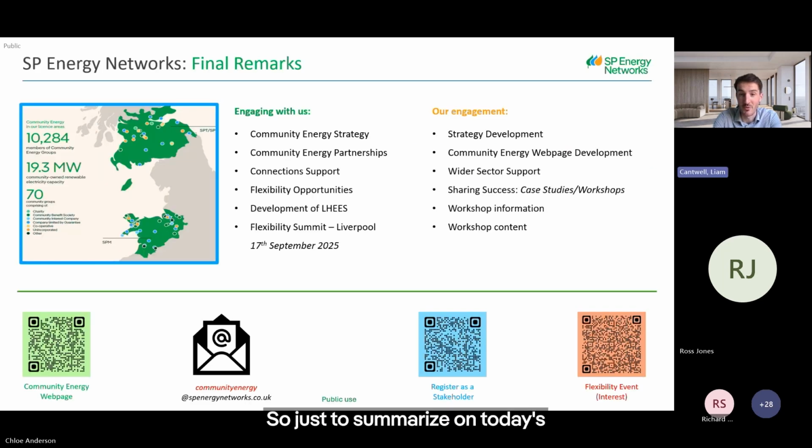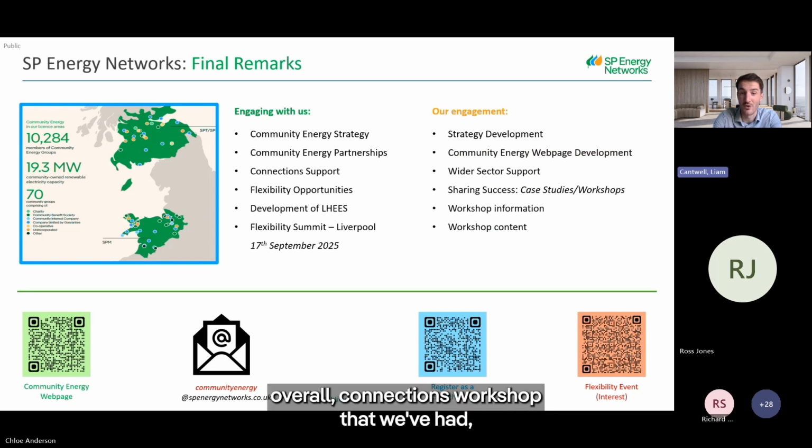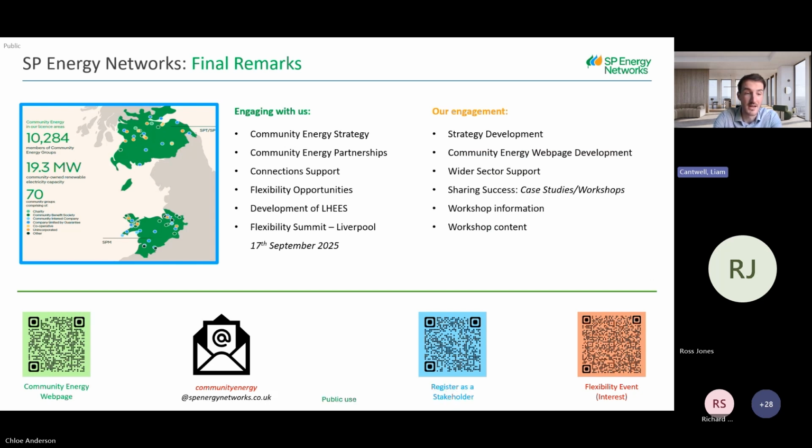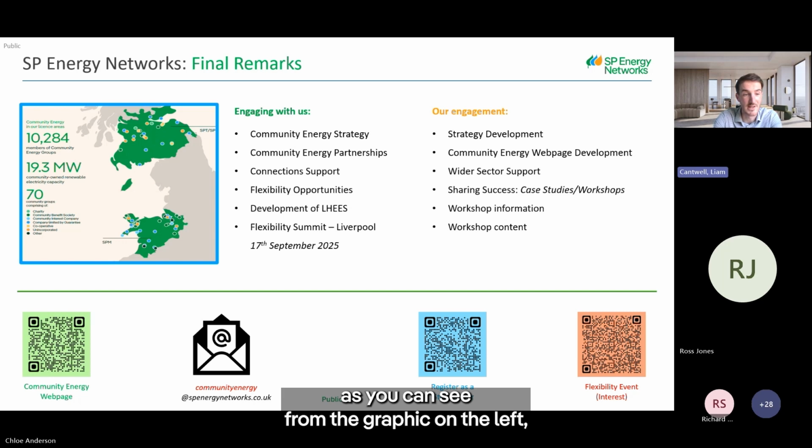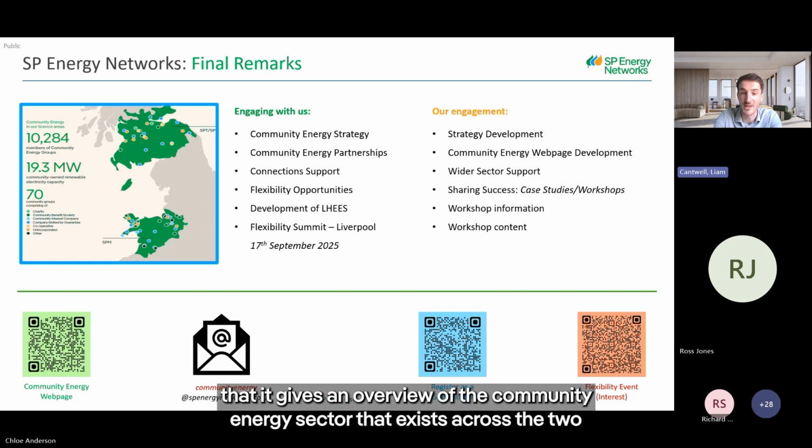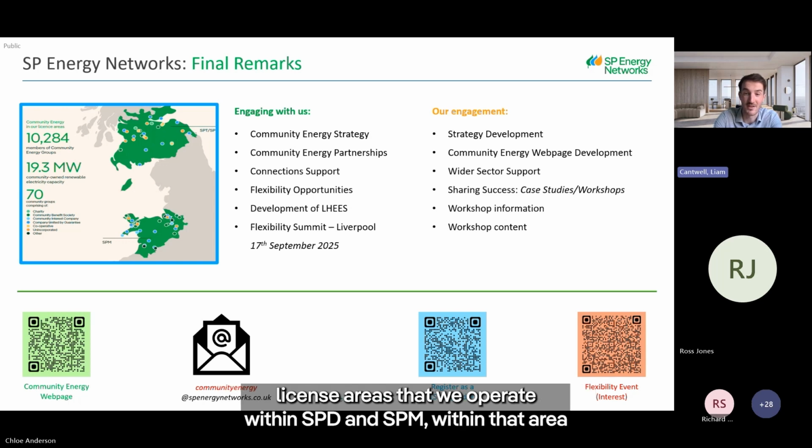So just to summarise on today's overall connections workshop that we've had, as you can see from the graphic on the left, it gives an overview of the community energy sector that exists across the two licence areas that we operate within, SPD and SPM.